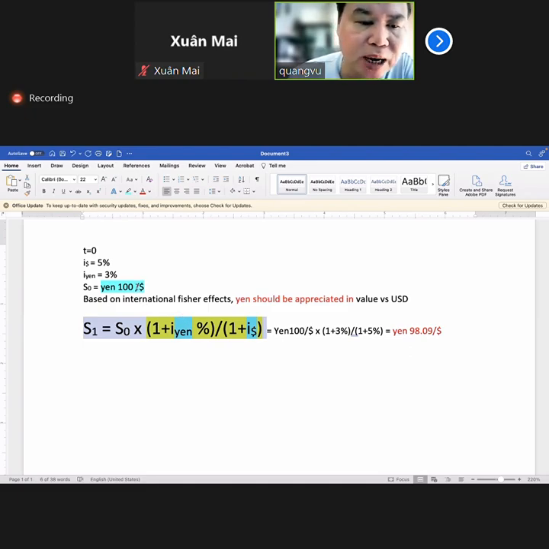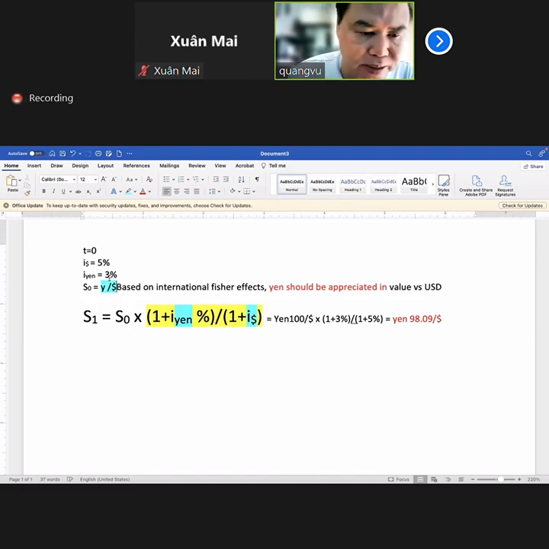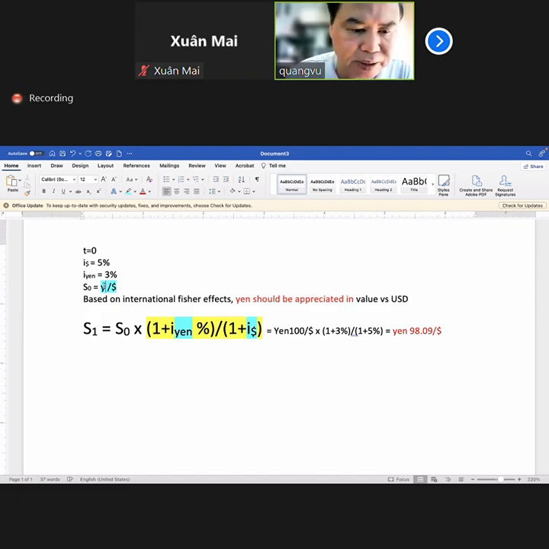Suppose you have a currency X and a currency Y, and how do you predict the future spot rate? Easy. You have currency X and currency Y, where Y is the base currency.